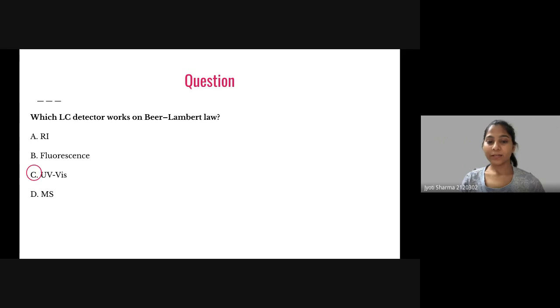It is based on the intensity and absorbance, right? How much we are absorbing the light, or how much there is the decrement in the intensity is proportional to the absorbance by any chemical, and that's how this is giving you the concentration. So this is what Beer Lambert law is.